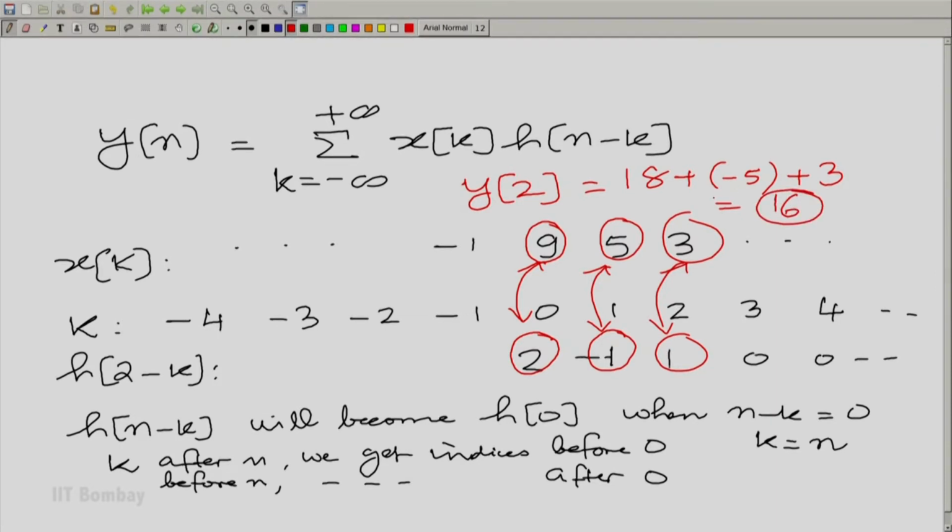Now, you get the general idea. You first put down whatever is at 0 at the point k equal to n. What was after 0 in h is put down sequentially before n in the same order. So, of course, at n you put down what was at 0 in h, at n minus 1 you put down what was at 1, at n minus 2 you put down what was at 2, and so on, go backwards.